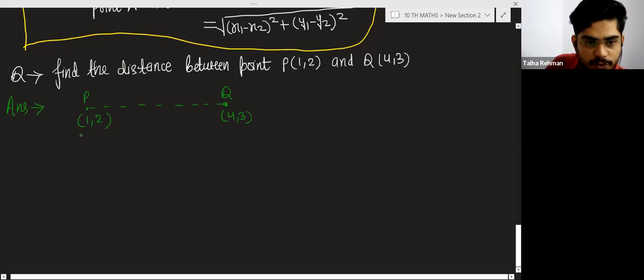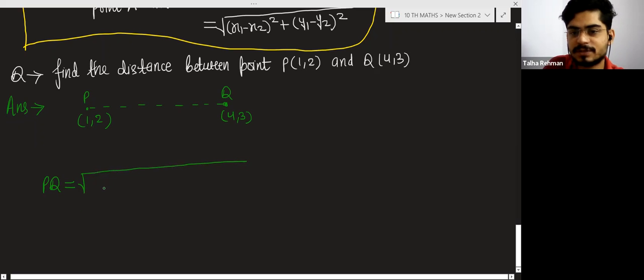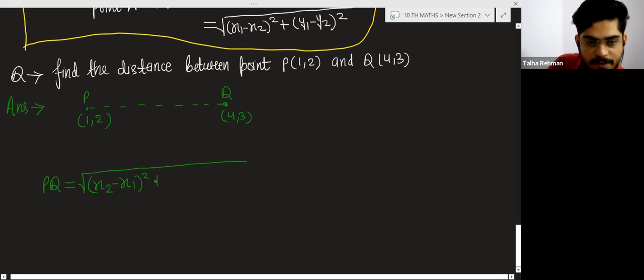So what will you do if you want to find the distance PQ? What is the formula? You can use either x2 minus x1, or I am using x2 minus x1 whole square plus y2 minus y1 whole square. We will use this formula.